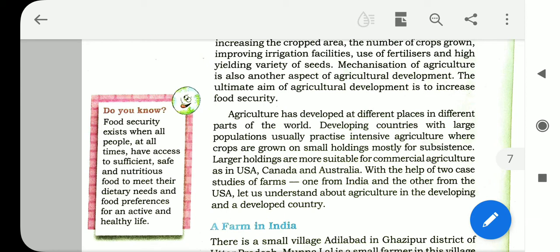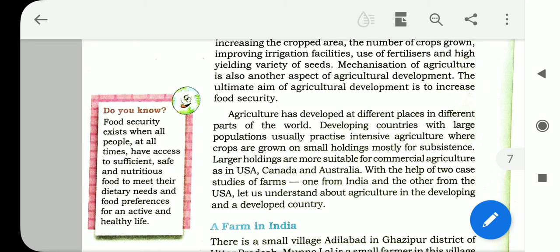So you see, in agricultural development, in early days some people were growing only a single crop once in a year, but in some places they are growing two or three types of crops in the same plot in a year by using high variety seeds, high technology, and scientifically proven manures.